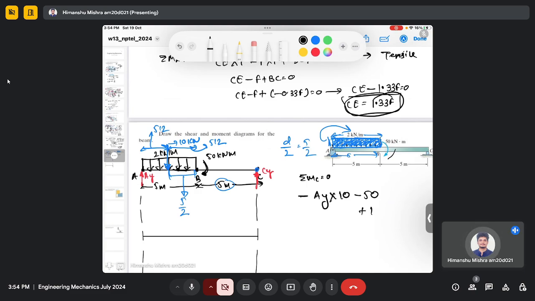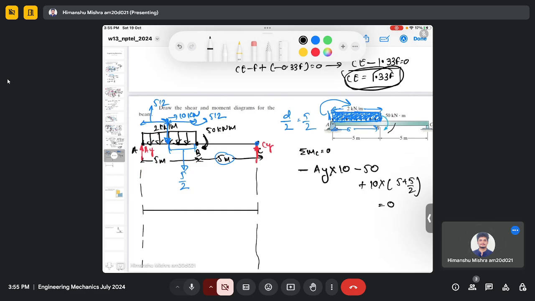The magnitude of a uniformly distributed load is 2 kilonewton per meter, and its equivalent point load magnitude is 10 kilonewton multiplied by distance 5 plus 5 by 2 equal to 0. So my AY will be 2.5 kilonewton.